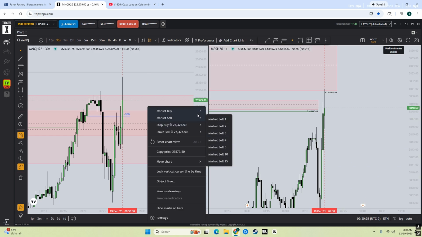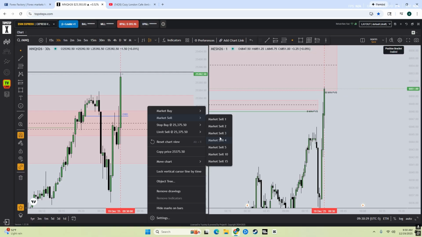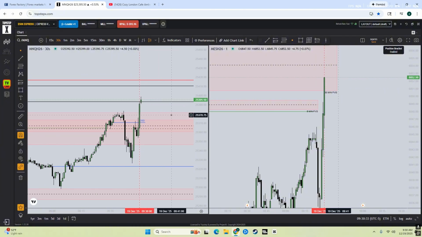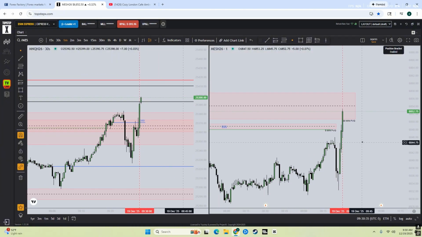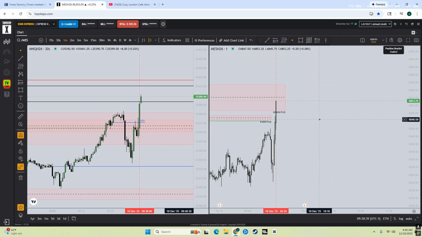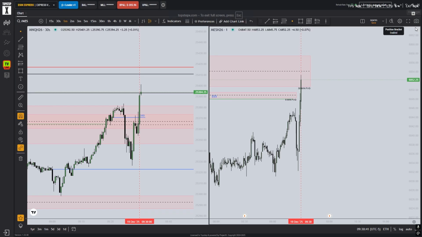So boom, get buy side swept. Not really much on ES at the moment either.